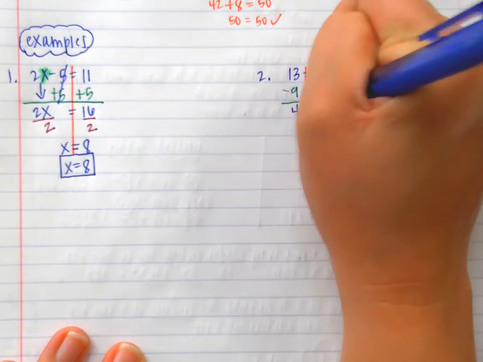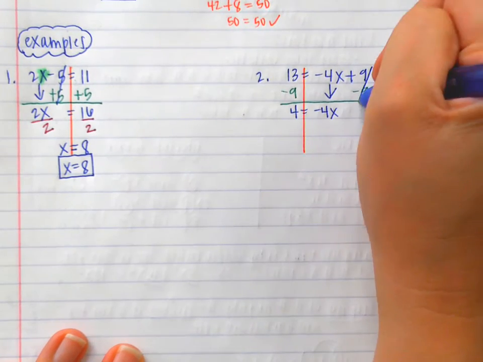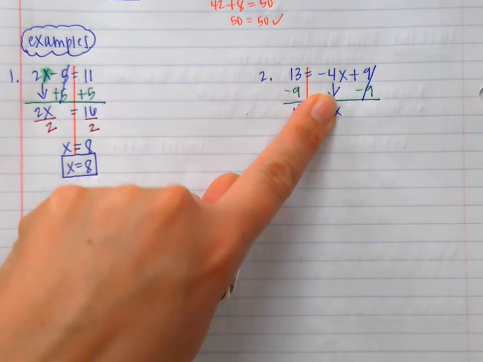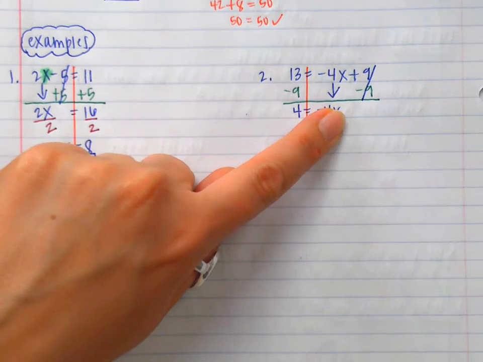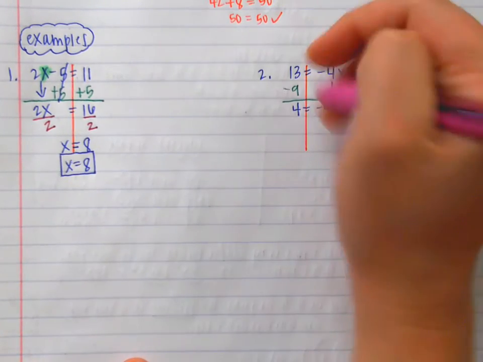This negative 4x is going to come down. 9 minus 9 is 0, which is what we wanted. Now I still want to get x by itself. So to do that, remember this is negative 4 times x. So think to yourself, what am I going to do to get x by itself? And if you said divide both sides by negative 4, you would be correct.